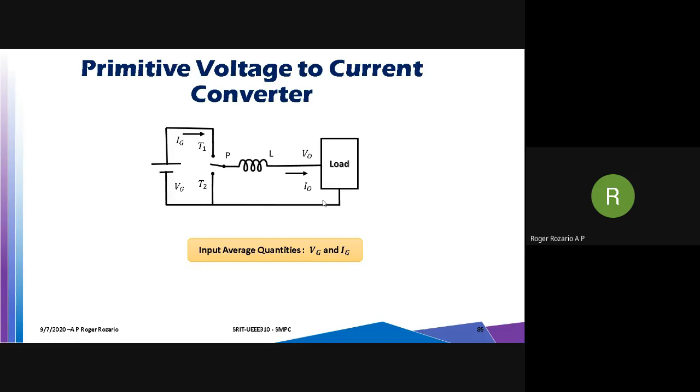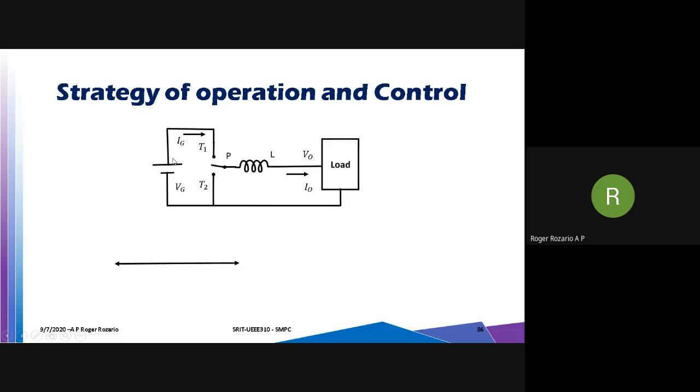In this primitive voltage to current converter, the average quantities are Vg and Ig, the input average quantities, and the output average quantities are V0 and I0. So the inductor was connected in series with the pole on the load side, and on the source side, the switches T1 and T2 were connected. And the strategy of operation was: for some duration turn on the switch and for some duration turn off the switch.